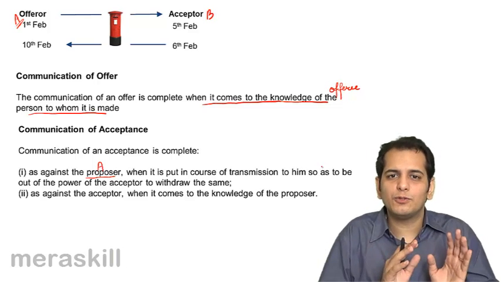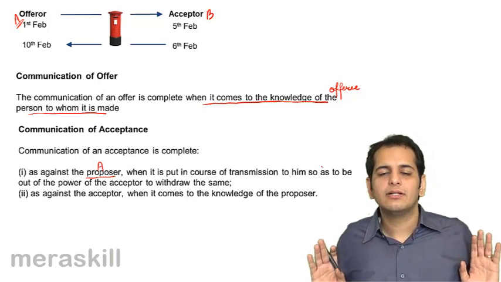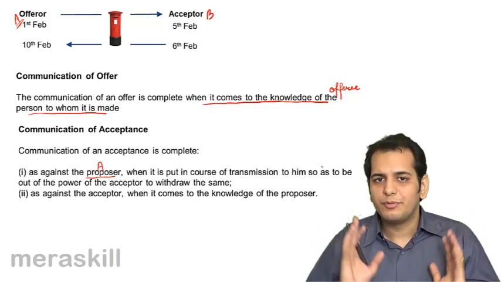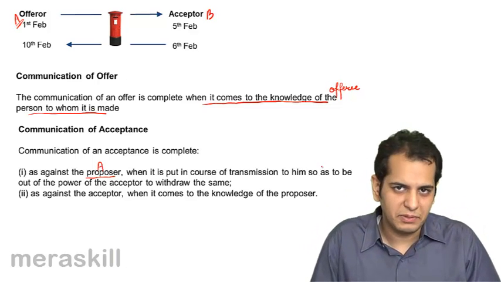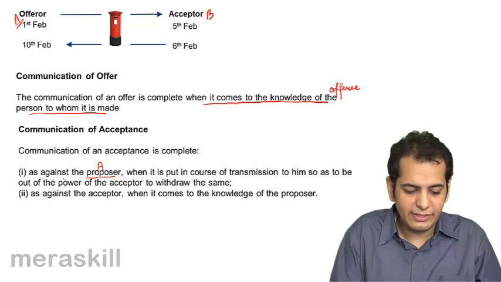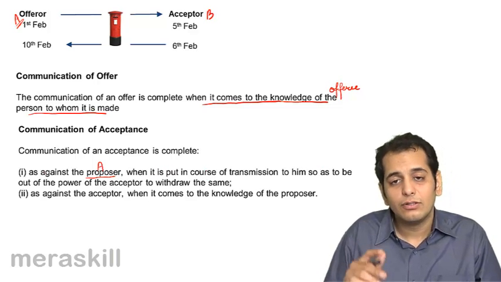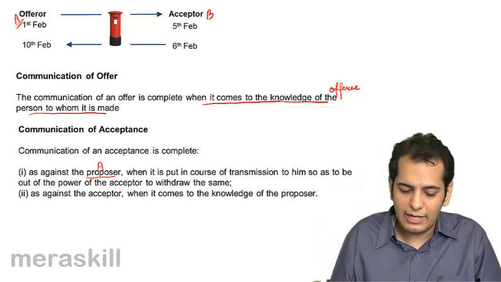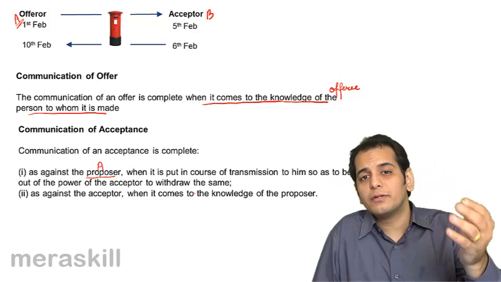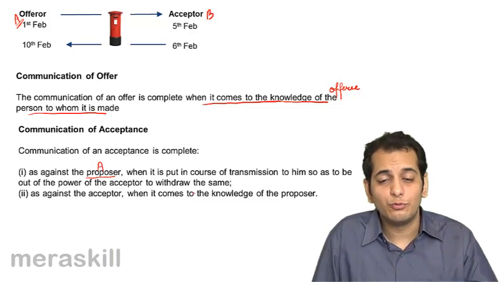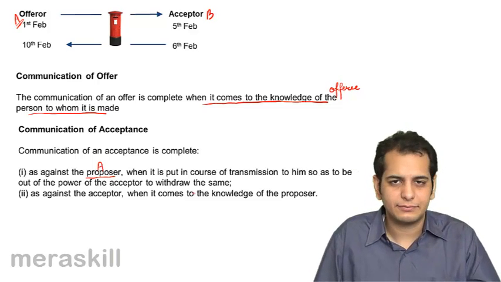So once it is posted, A can think, yes, the communication of acceptance is complete for me. So as against A, it is complete when it is posted, so that B is out of the power to cancel it, to withdraw it, to take it back.